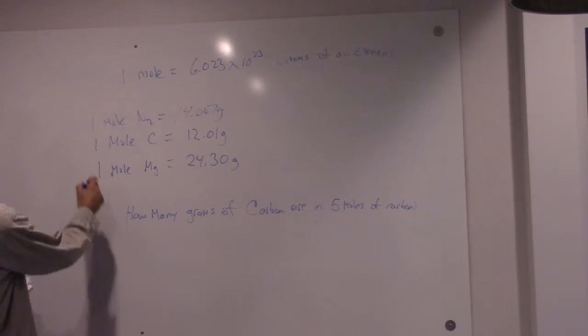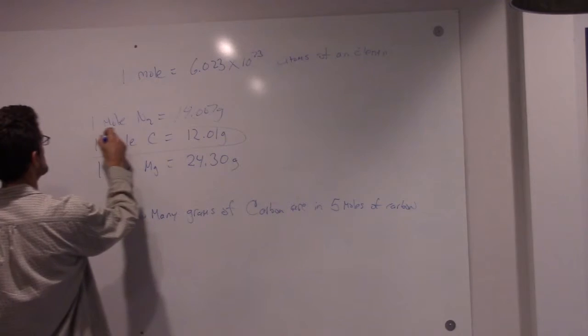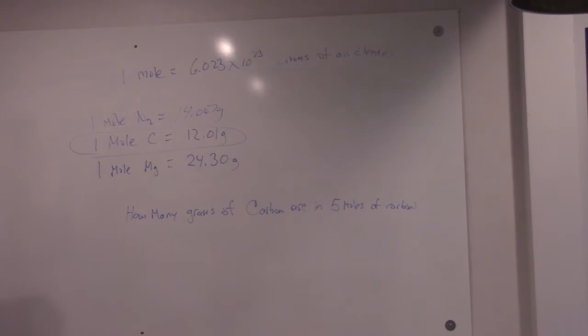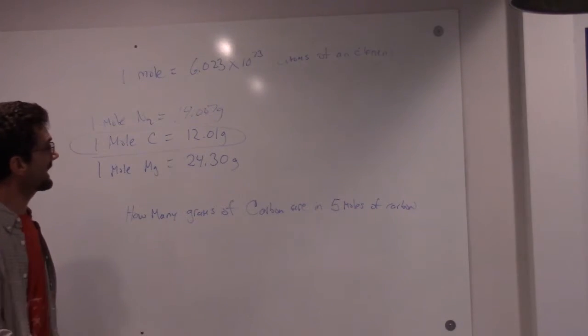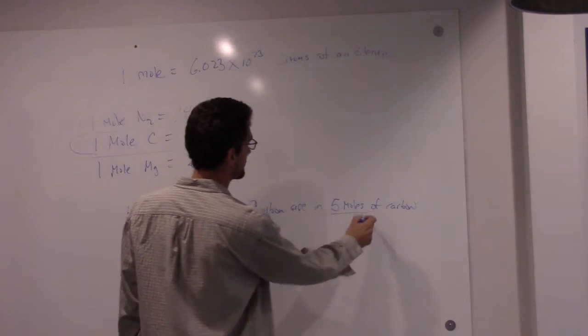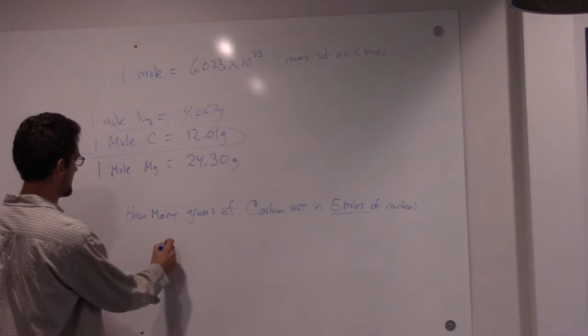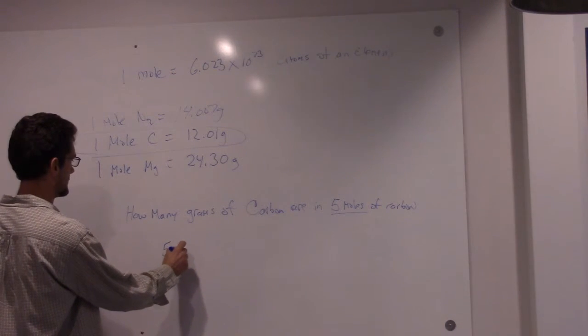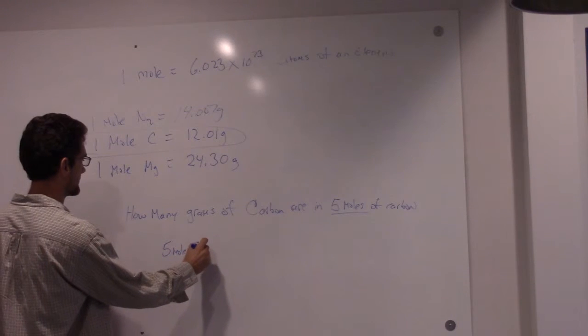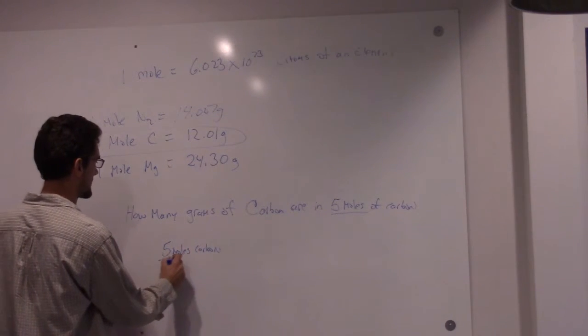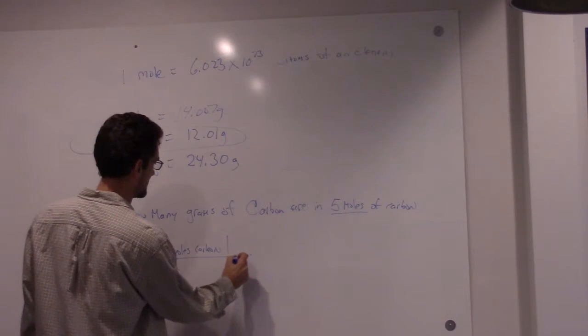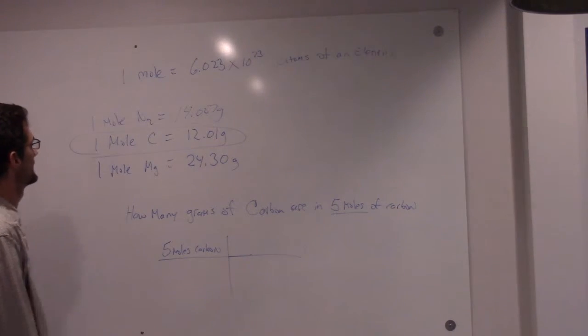Well, let's see, we're going to use carbon right here, right? And we know 1 mole of carbon is 12.01 grams. What are we going to start with? Well, they're asking us 5 moles. So that's going to be our first number, right? That's what we're going to write down. So 5 moles of carbon. And we want to know grams, right? We want something that's going to end up in grams.